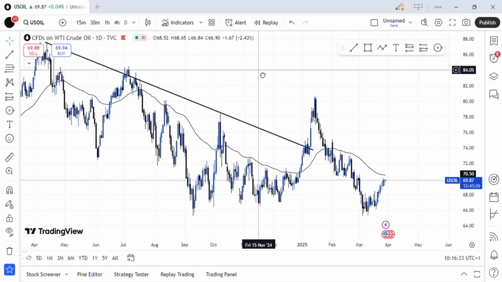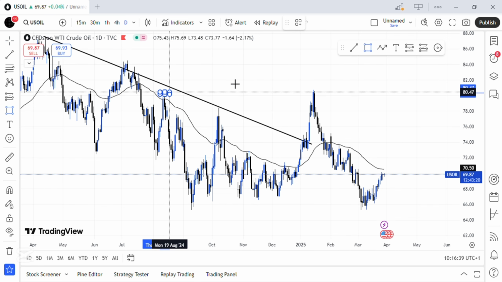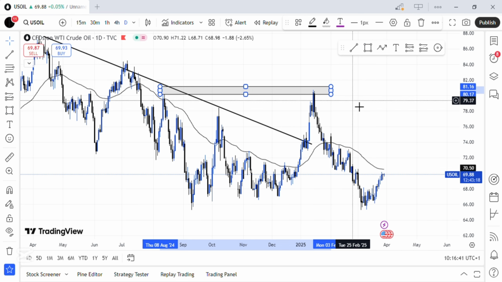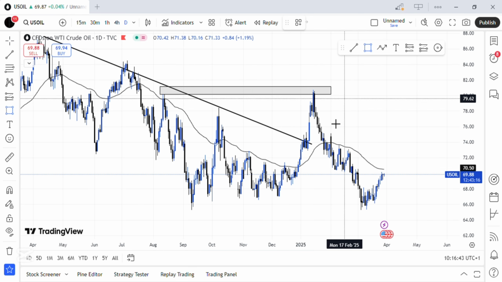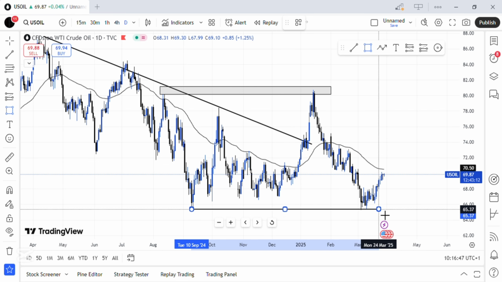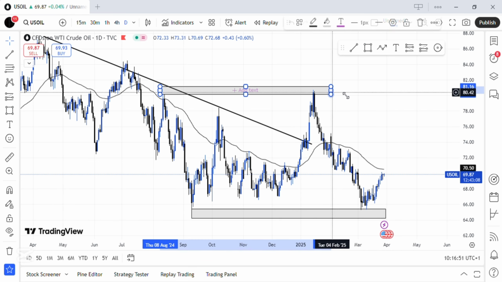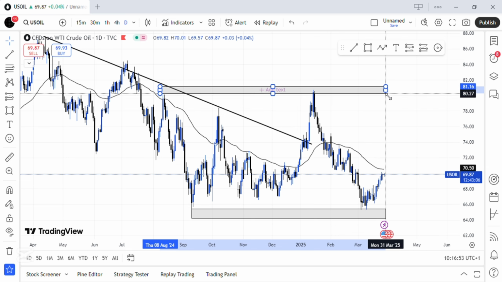Looking at this chart, I've seen major support and resistance. Let me just mark it out for you. Support and resistance are also zones that price touches multiple times. Anywhere the market comes and touches multiple times is called a zone. The one at the top is called the resistance zone. The one at the bottom is called the support zone.